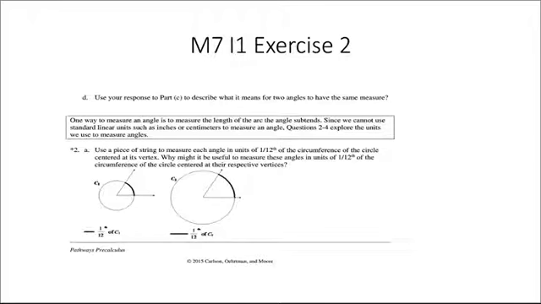Okay, so now in exercise 2, we are presented with these string lengths, each of which represents a unit that is 1/12 of the circumference of each of these circles, 1/12 and 1/12.